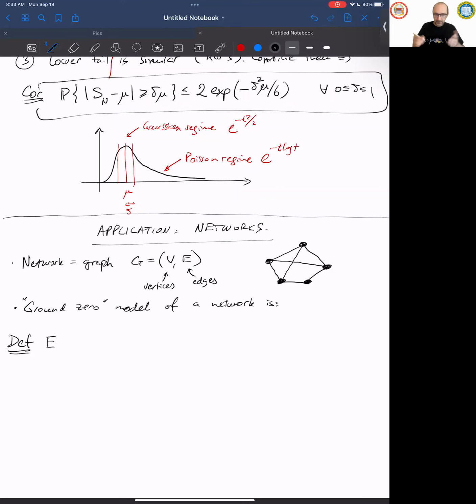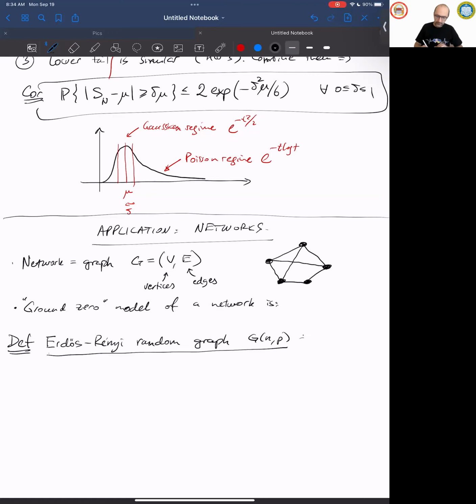This particular model was proposed by Paul Erdős and Rényi in, I think, 1952. G(N,P), the Erdős-Rényi random graph. Erdős-Rényi model. Random graph G(N,P).